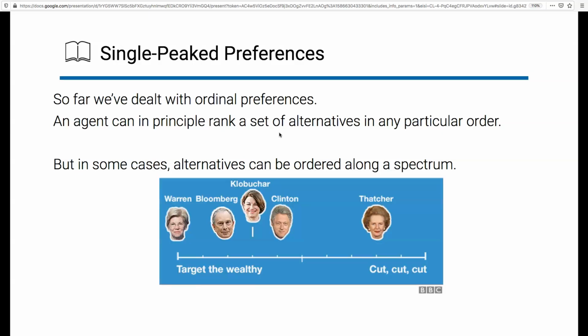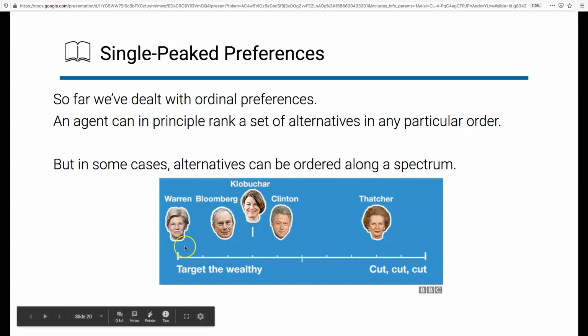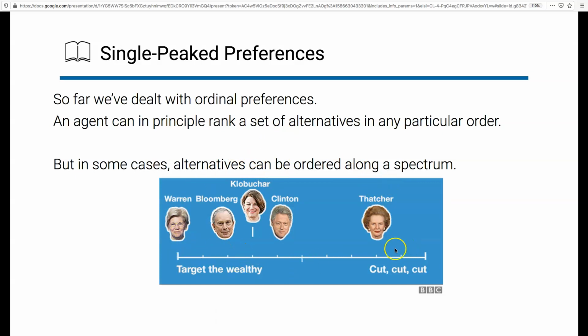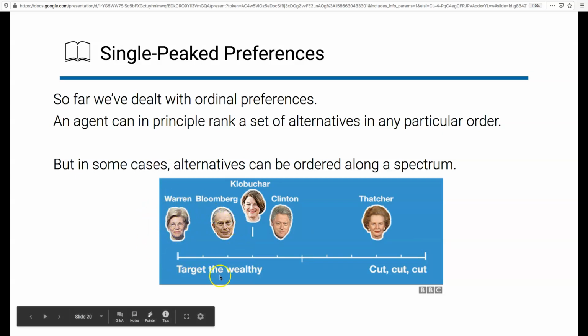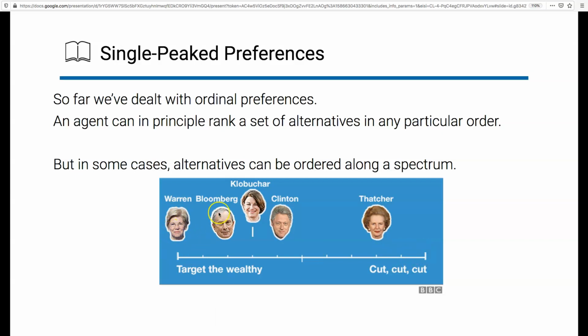For example, if you were to decide what is your favorite candidate, you can always think about the left-right spectrum, with the left being more egalitarian or more socialist, depending on how you treat it, and the right being more libertarian or more free market or whatever. So there is then this natural spectrum along which the candidate's position can be ranked.